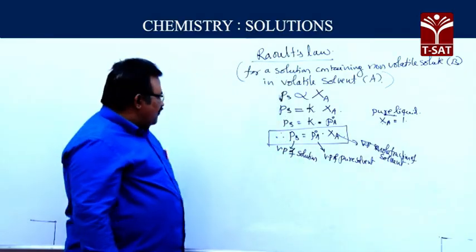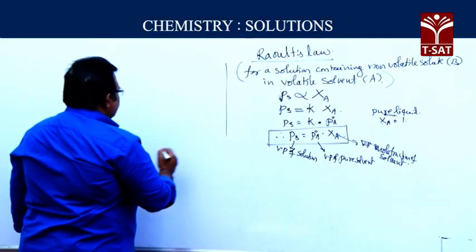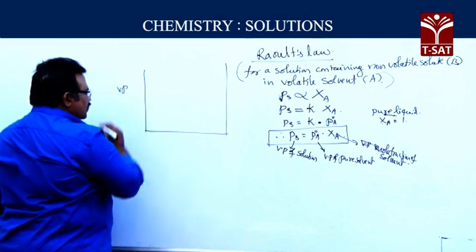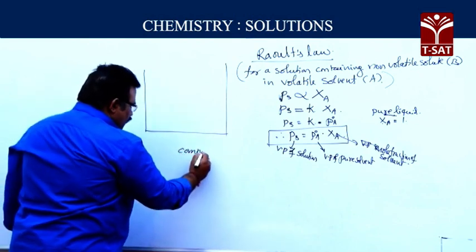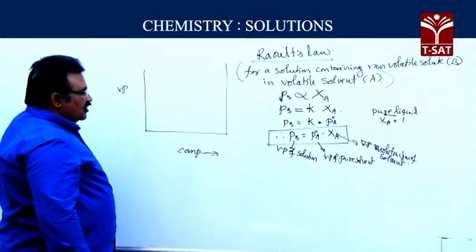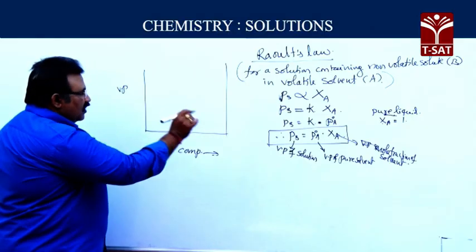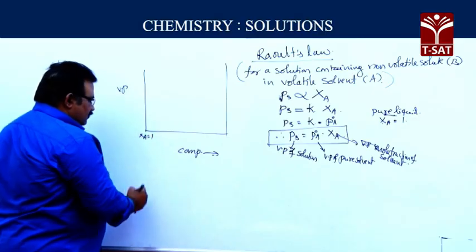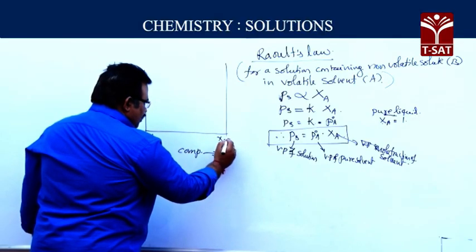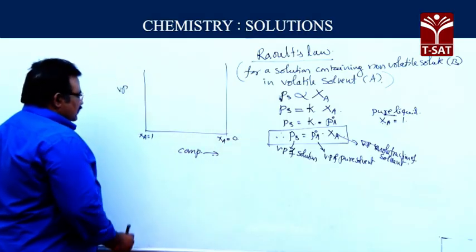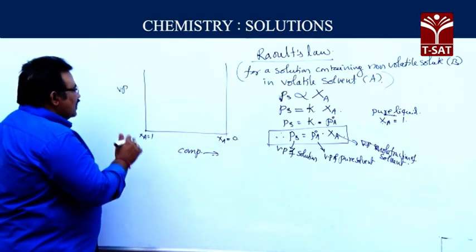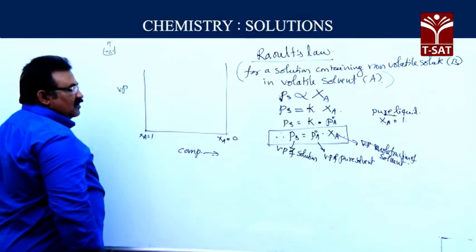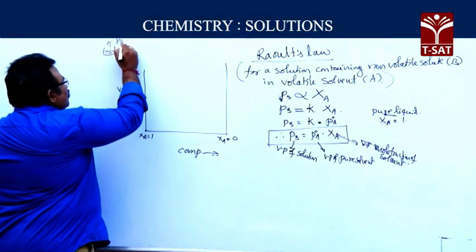If you plot a graph between vapor pressure and composition for that liquid, since only one pure liquid is present, here XA is equal to 1, here XA composition is 0. If only one liquid is taken in a vessel, the vapor pressure of that liquid is called P0A.